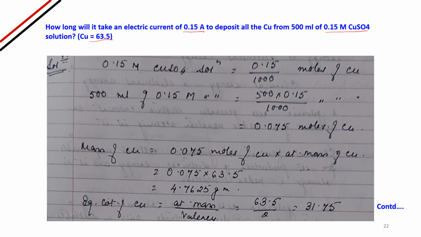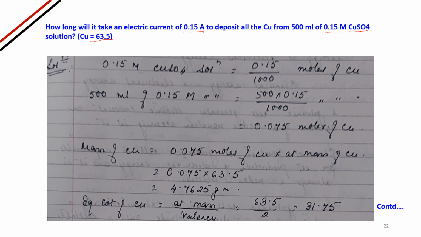How long it will take? That means they are asking for the time. The current I is given, 0.15 ampere, to deposit all the copper from 500 ml, that means the volume of the solution is given, 500 ml of 0.15 M CuSO4.